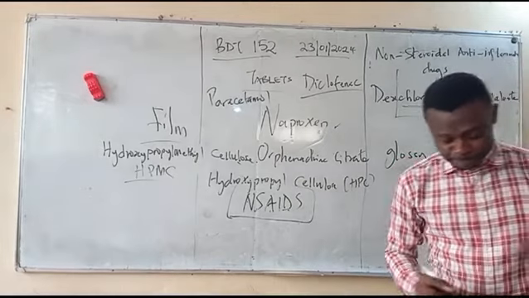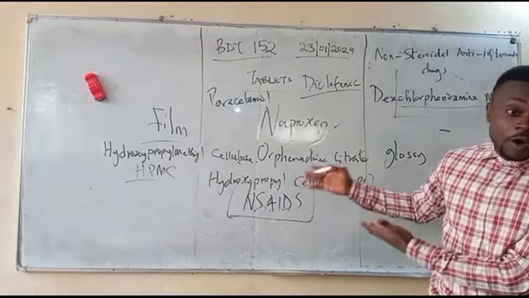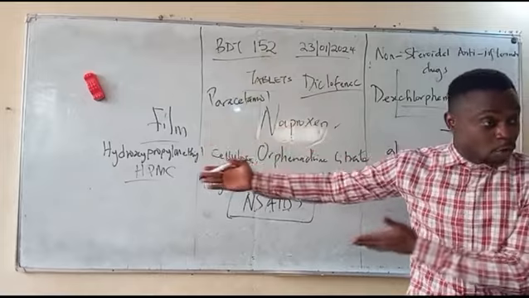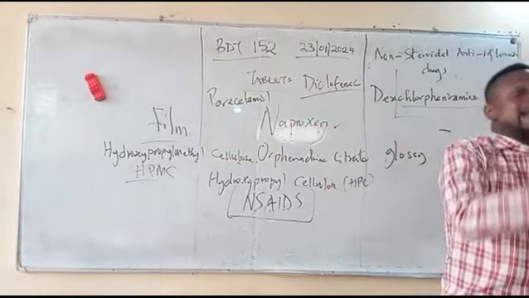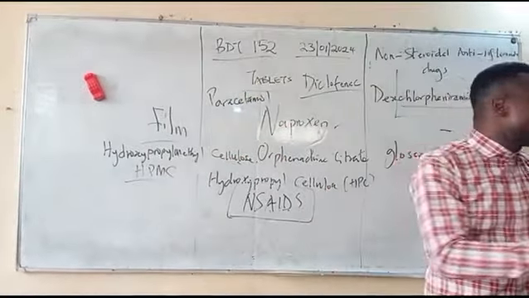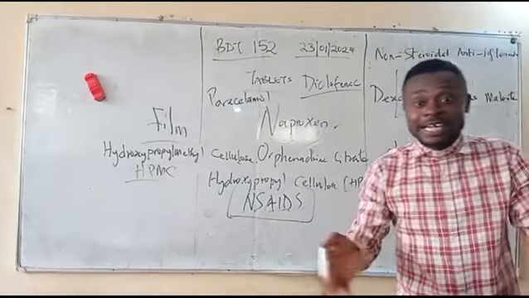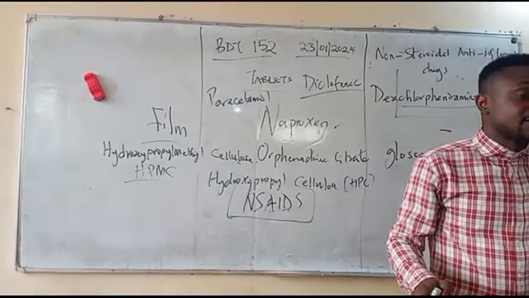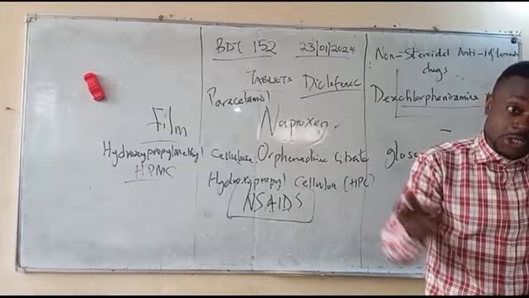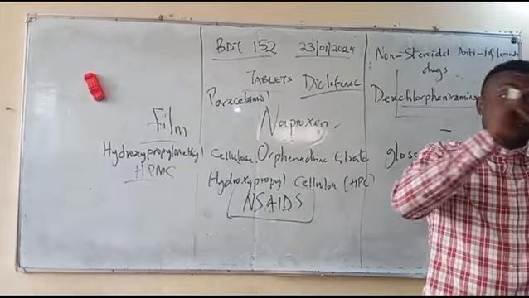Good. Now, helminths are worms. So when you hear anti-helminthics, drugs called anti-helminthic, what are they? Drugs for worms. They are drugs used to fight worms. And I mentioned albendazole.